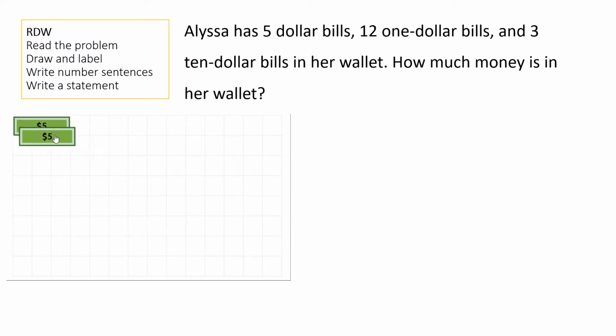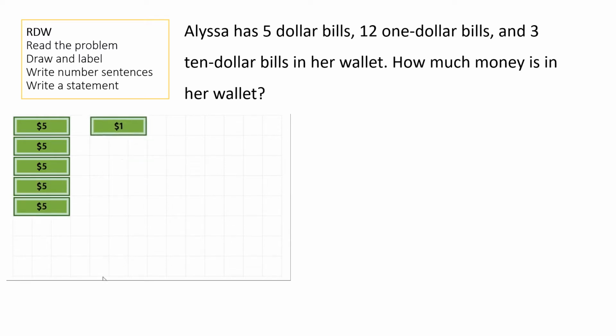First, Alyssa has 5 $5 bills. Then she has 12 $1 bills.